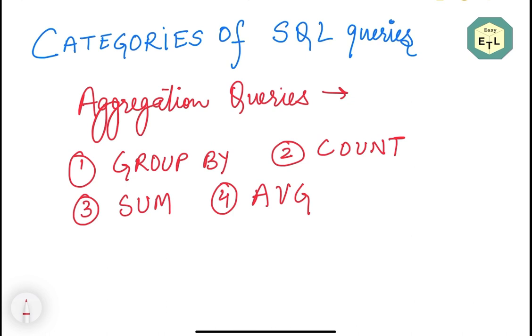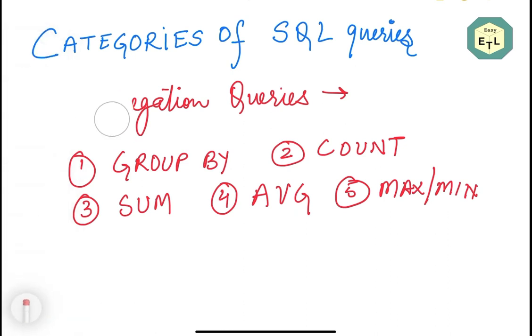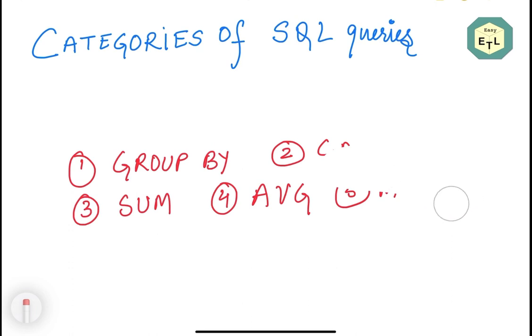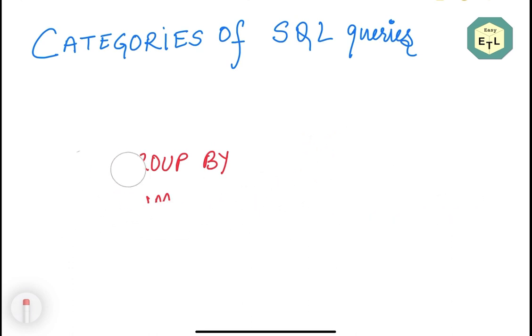And the fifth is max or min. So these are two different operators. One is used to get the maximum value and the other is used to get the minimum value, right? Again, all these are aggregation operations and only to be used when you are actually grouping your data set based on some condition, right?